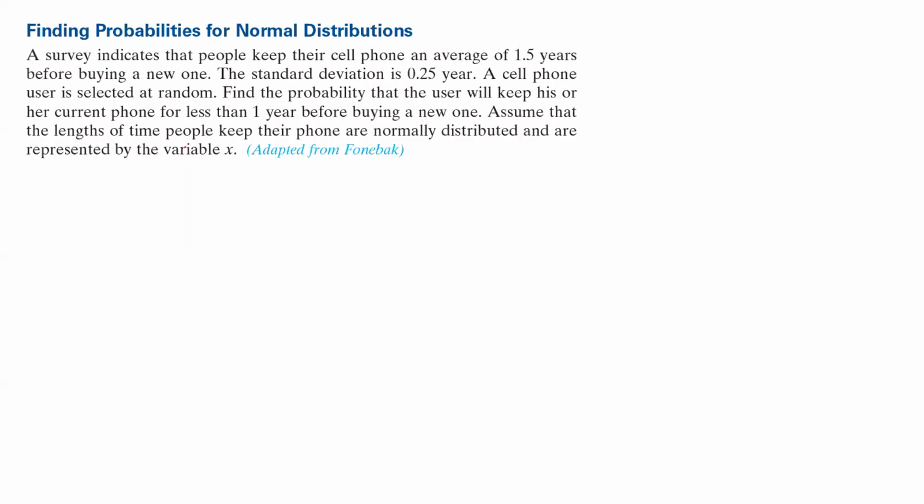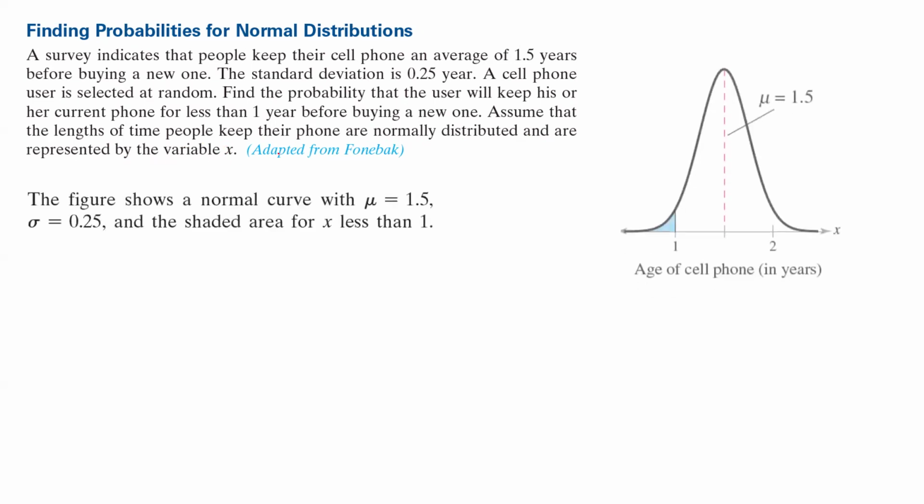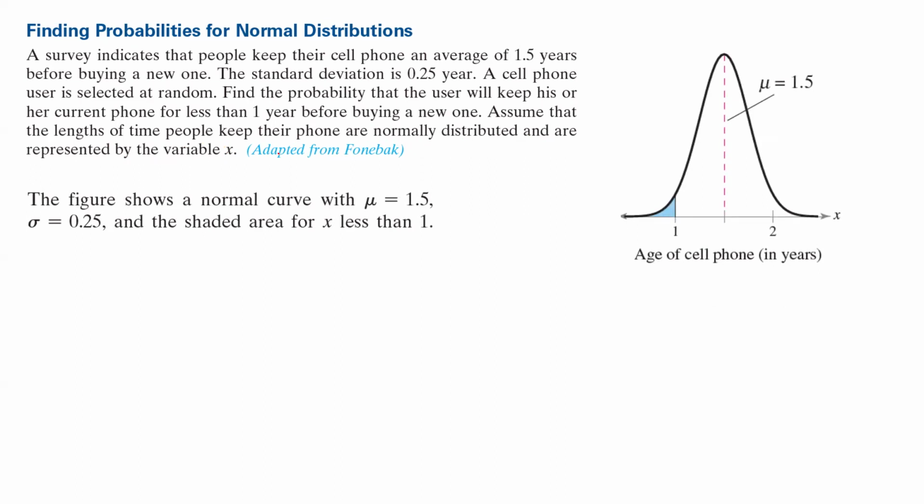Assume that the lengths of time people keep their phone are normally distributed and it is represented by random variable x. So let us take a look at the area or the probability that we are dealing with.